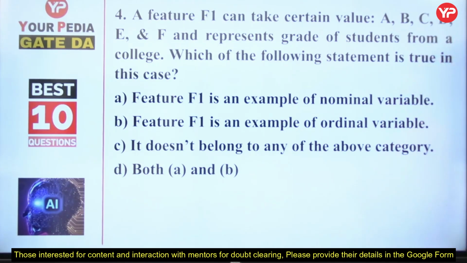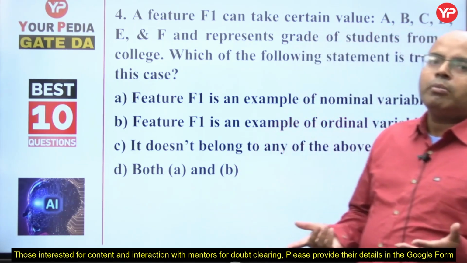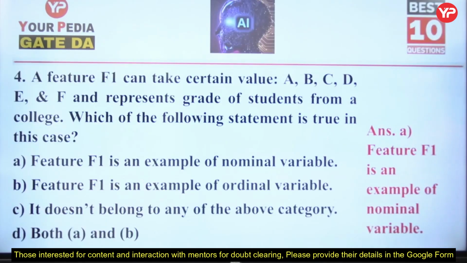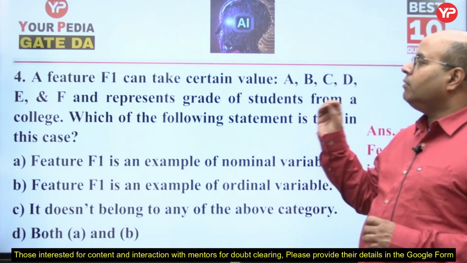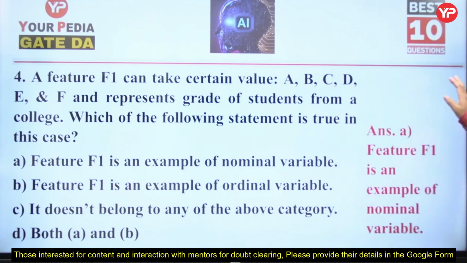Now, in statistics, is grading like this an example of a nominal variable or an ordinal variable, or does it not belong to any of the categories? Whenever we are giving some name, it's nominal. So feature F1 is an example of a nominal variable because we are giving some names, A, B, C, D, E and F. That's the nominal.